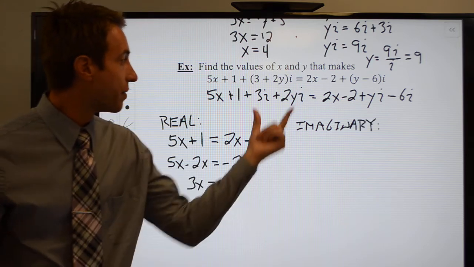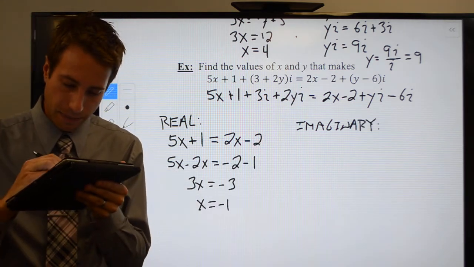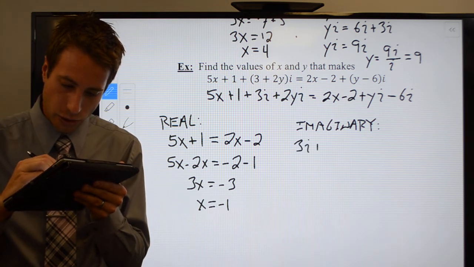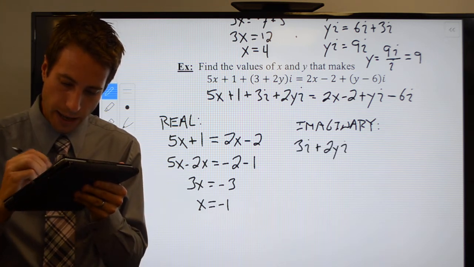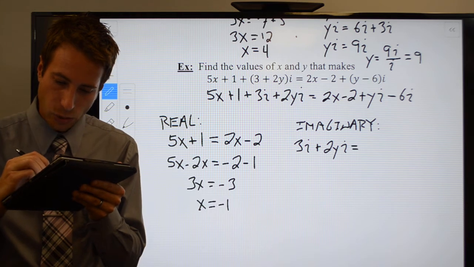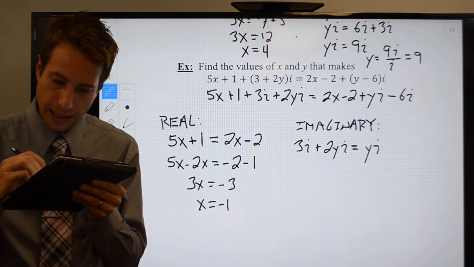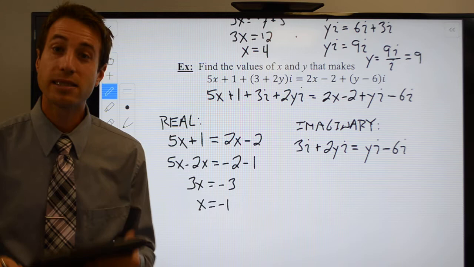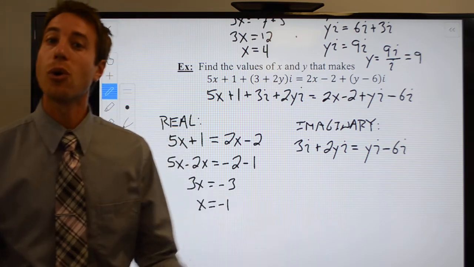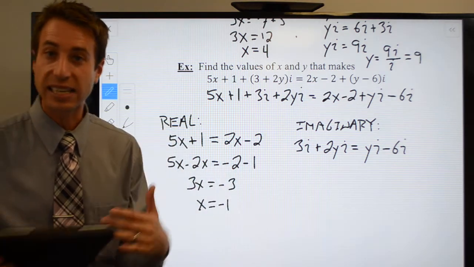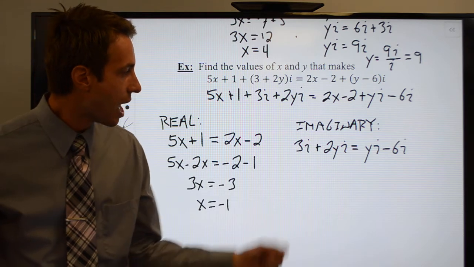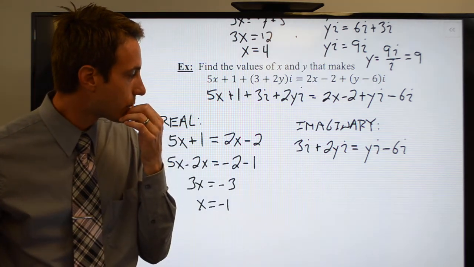All right, well, on this side I have the 3i and the 2yi, and that's all equal to yi minus 6i. Well, again, let's go ahead and get the like terms together on the same side. Let's see what's going to be the best way to do this.